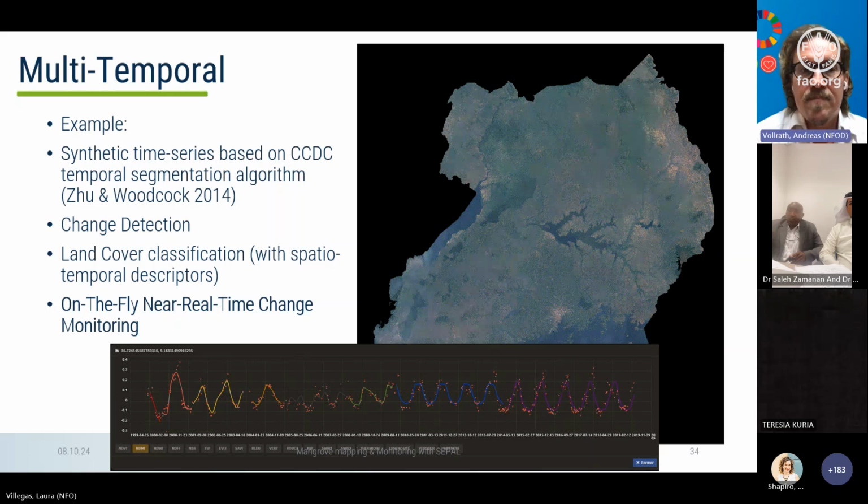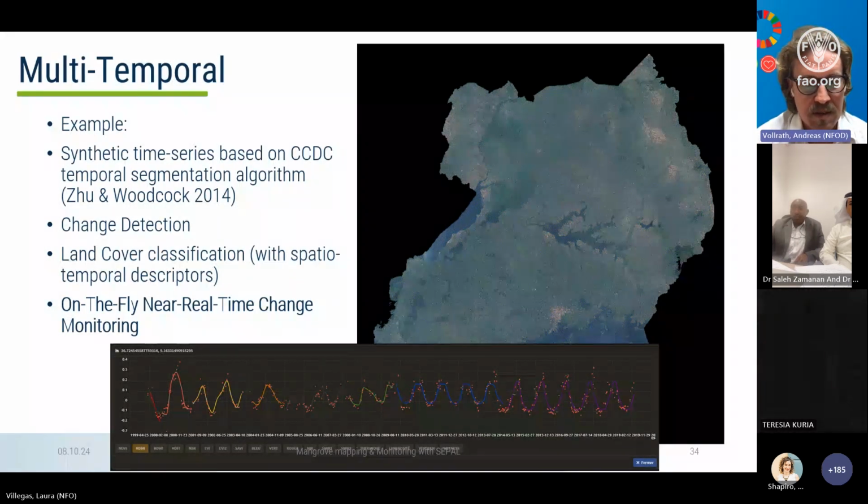Since our world is changing continuously, the satellites that revisit the Earth with a specific periodicity are a good tool to create time series and see how areas are changing. There's a lot of functionality around this also in CPOL.